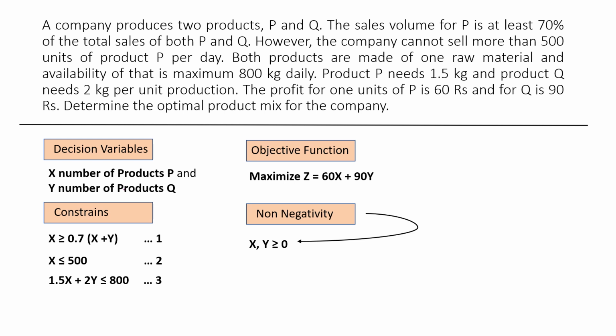Here negative values cannot be possible, as this problem is related to a realistic model. It is related to the company, a real system. In the real world, we don't have negative numbers as a production. So whenever we are assuming our decision variables, we have the fourth, most important thing, that is non-negativity of the decision variable, and that is your x and y should be greater than or equal to 0.